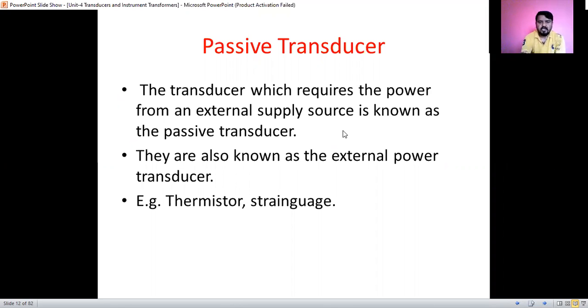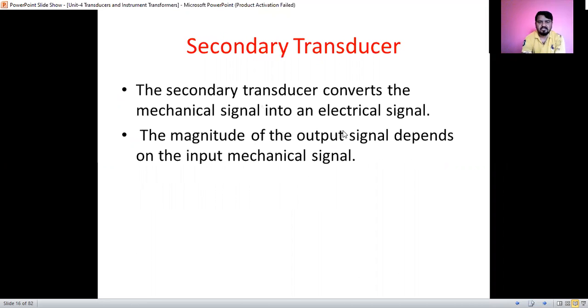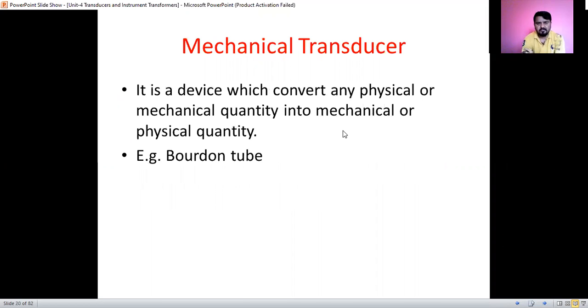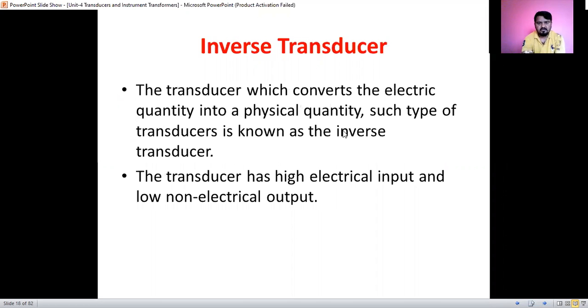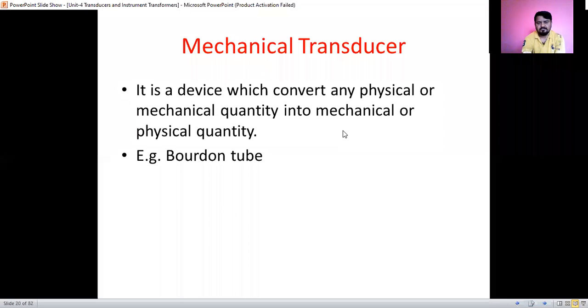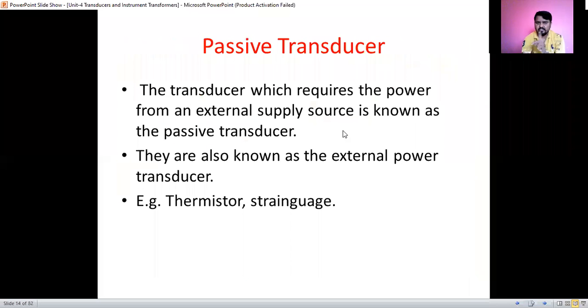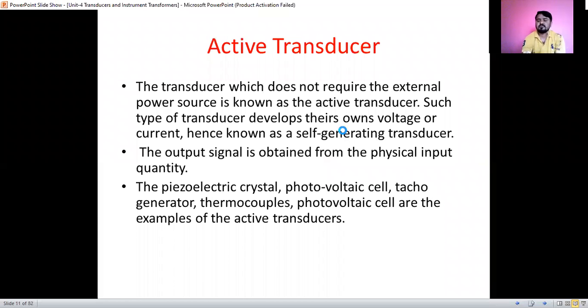So next, analog, digital, primary, secondary, these transducers we are going to discuss in the next class. It will not be covered here in 2 minutes, so I have to tell with examples. You have to remember active transducers and passive transducers. What do you mean by transducers, and what do you mean by resistance temperature coefficient?